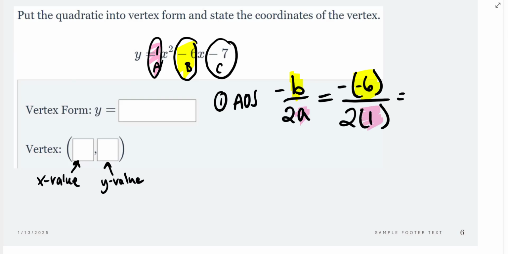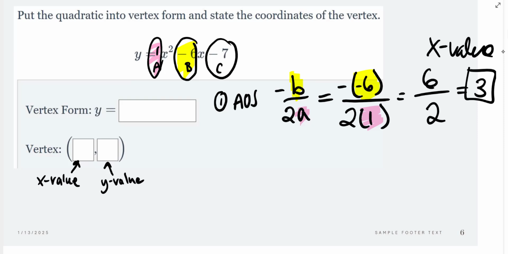And then we simplify. Negative and a negative is positive. Positive times positive, 2 times 1 is 2. And then simplify. 6 divided by 2 is 3. Again, that's our x value. And you can even put it here. Okay, so we have 3 is the x value, which goes right there.